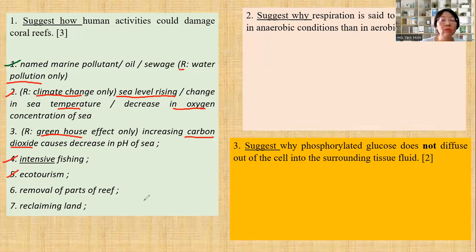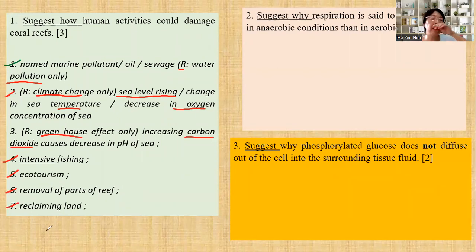This is how they kill the coral. They bring it home and put it in their own aquarium. After that, they die, because it is sea water and it cannot survive in normal water. Removal of parts of the reef: visitors go and remove them.